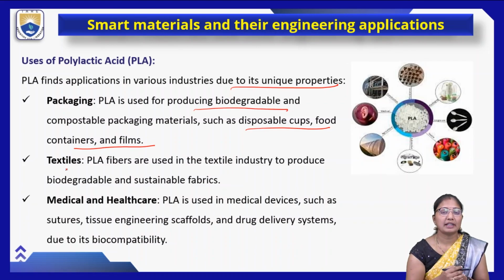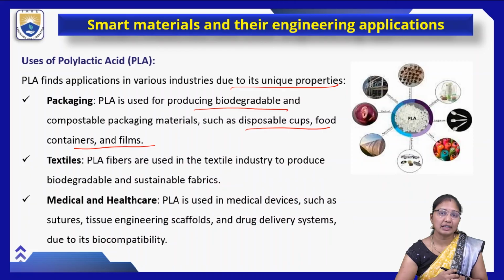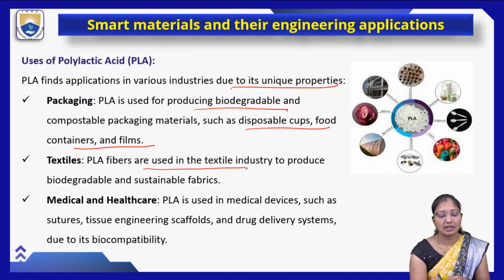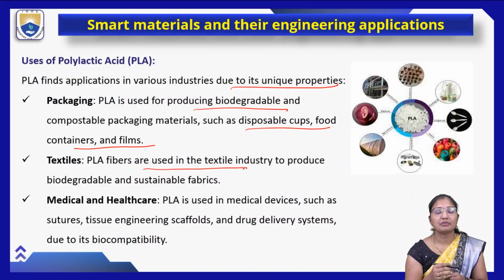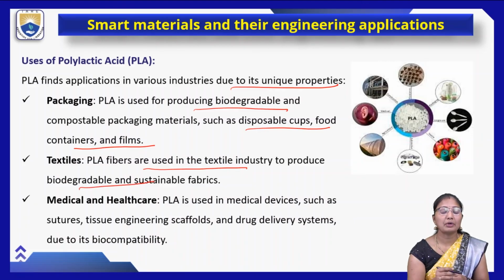Coming to the next application, which is the textile industry. Polylactic fibers are used in the textile industry to produce biodegradable and sustainable fabrics. Coming to another application, medical and health care, this is used in medical devices such as sutures, because sutures are used to heal wounds.